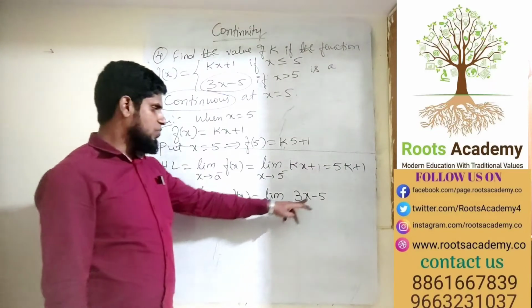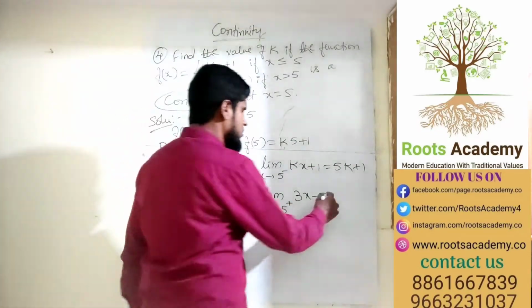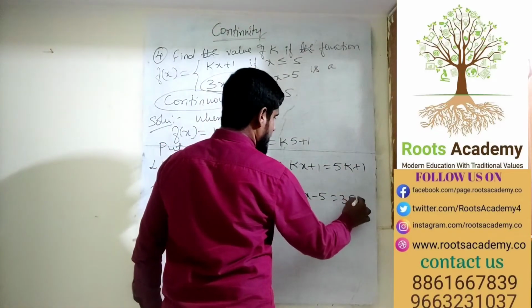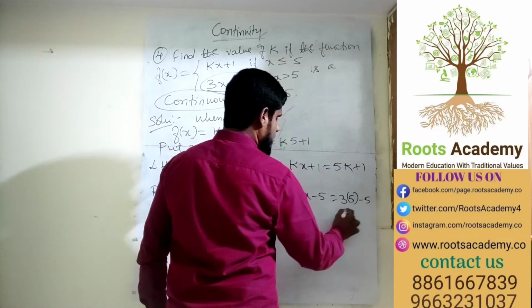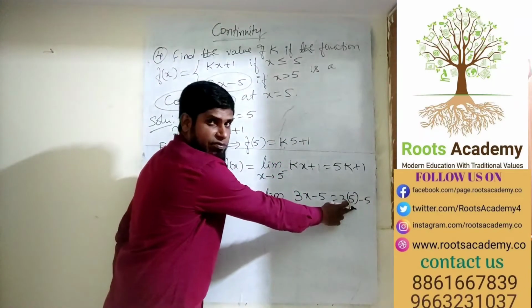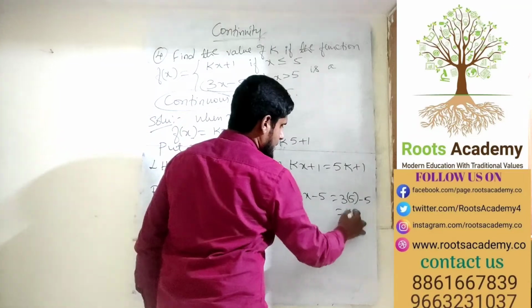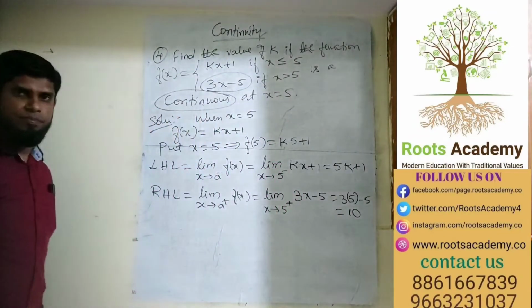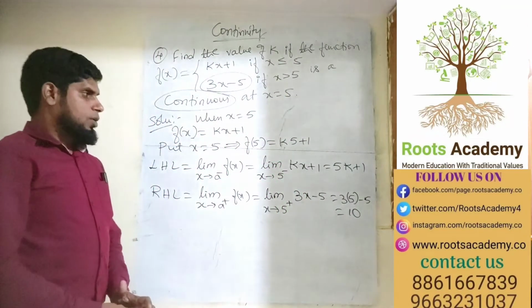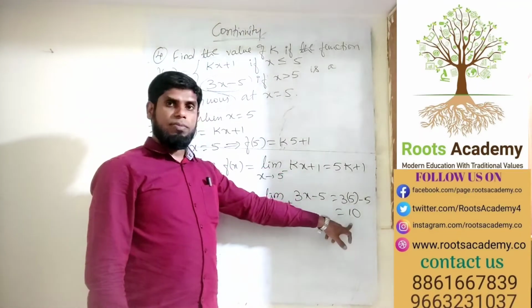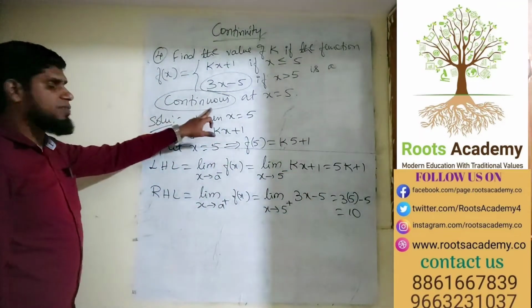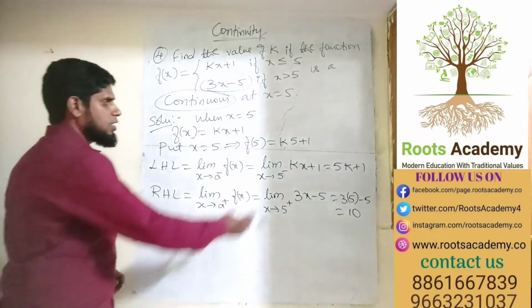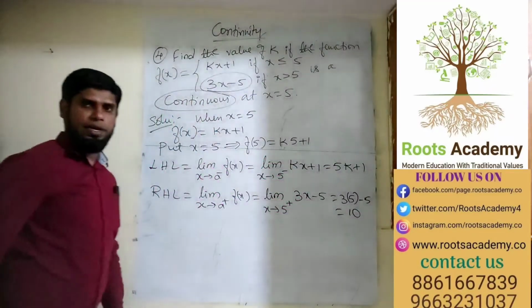If I put x equals 5 here, this becomes 3 into 5 minus 5. 3 into 5 is 15, minus 5, it is 10. So here I got a different value, but it is declared that it is a continuous function. So I should consider all these three values to be equal.